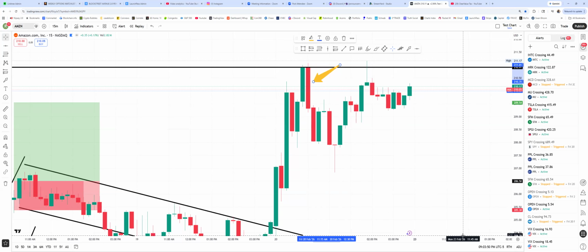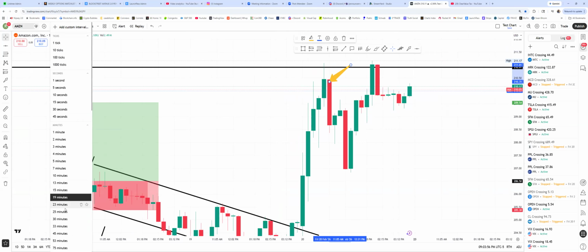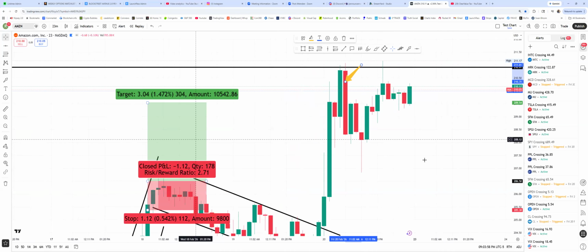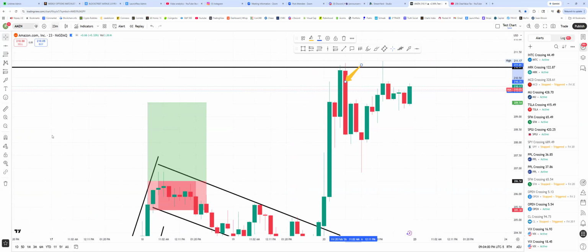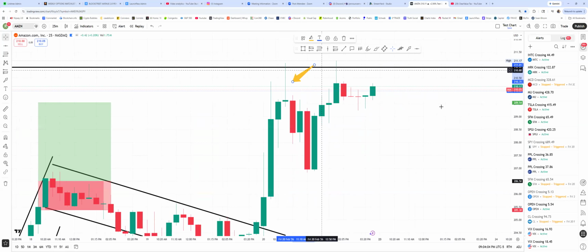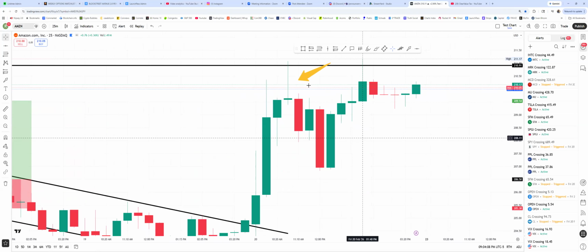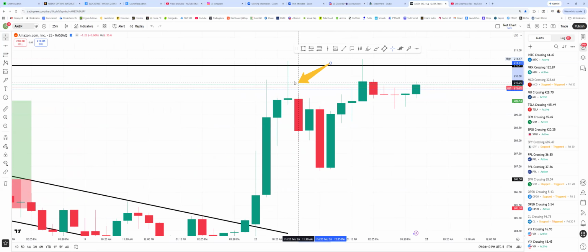Bearish pin bar. Okay, so let's see if we can find it. So if we go somewhere up here, we should find it. So we had 23. Let's go 25. Do we have it on the 25? Boom. You gotta love this, man. Do you see it? Yeah.